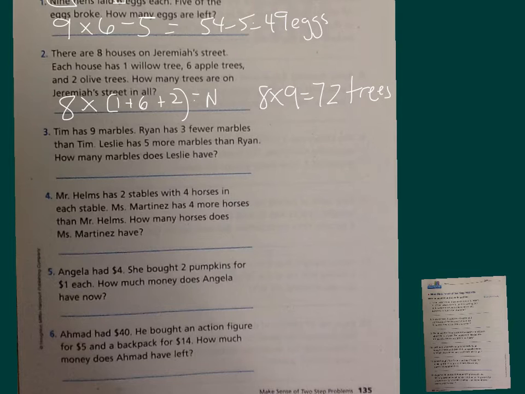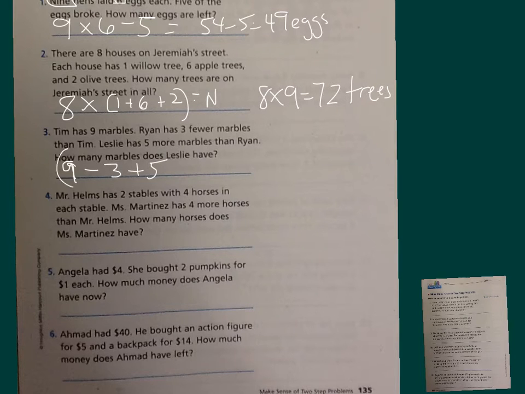All right, next one. Tim has 9 marbles. Ryan has 3 fewer marbles than Tim. Leslie has 5 more marbles than Ryan. How many marbles does Leslie have? All right, so what you do here first, you need to find out how many marbles Ryan has. So Ryan has 3 fewer than Tim. So Ryan has 9 minus 3, and then Leslie has 5 more than that, so plus 5.